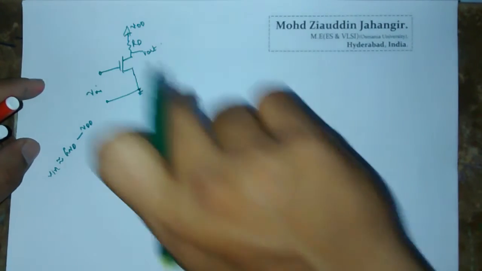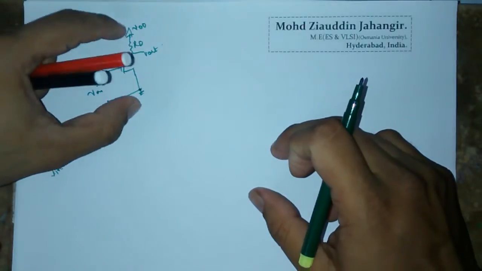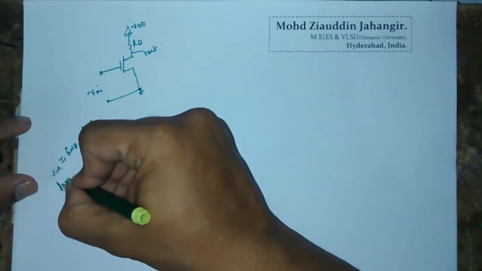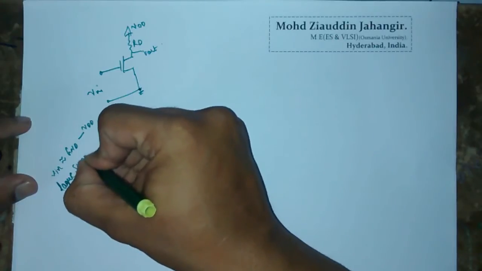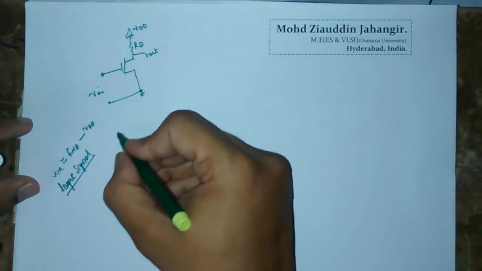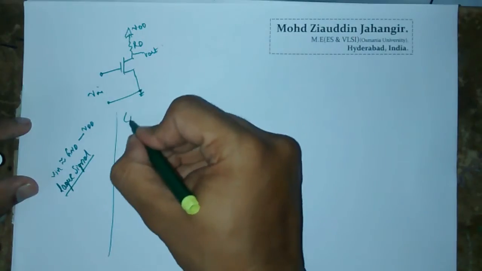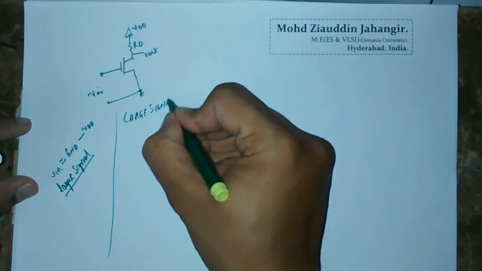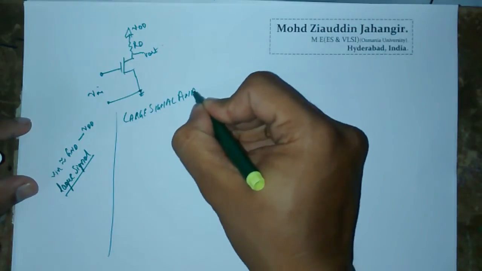It can vary between these two extremes. Then your input signal is called a large signal. So therefore what we are doing is called a large signal analysis.